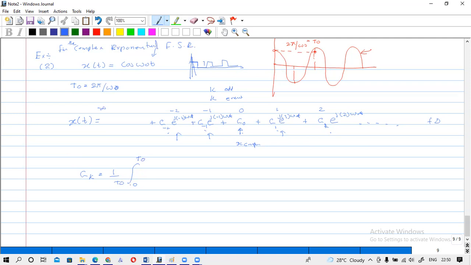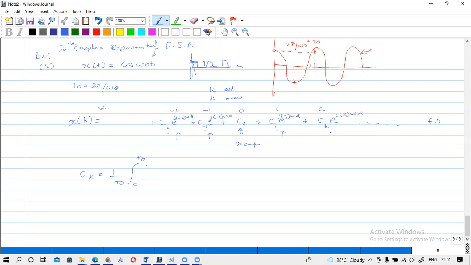Also you can take T0 to 2T0, that is also within a period. So you have to choose any convenient duration within the waveform. Let's say 0 to T0.